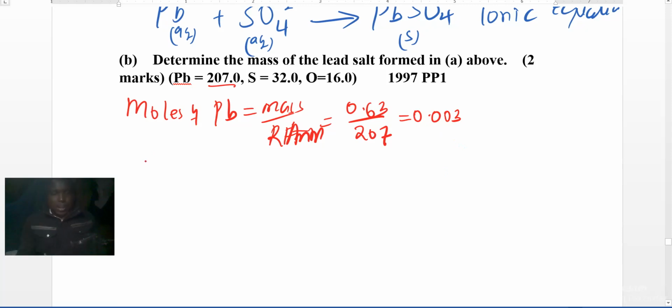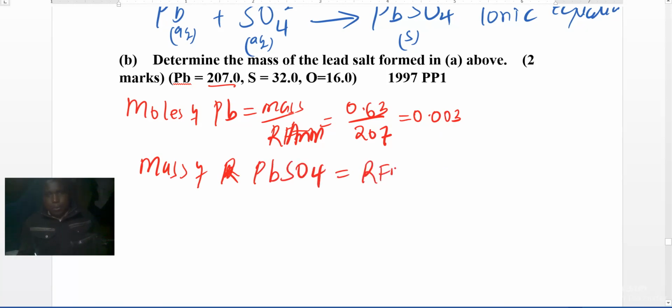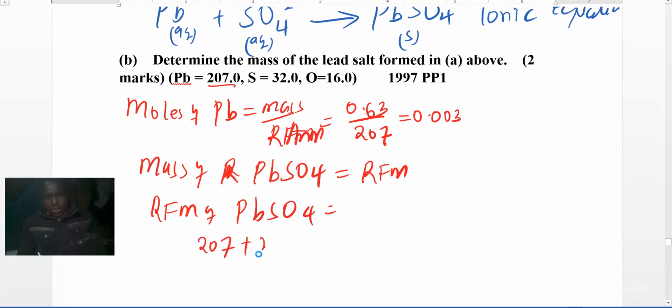So we are asked to find the mass of the salt that was formed. The salt that was formed is lead sulphate. First let us get the RFM of lead sulphate, which is 207 plus 32 plus 16 times 4. This gives us 303.